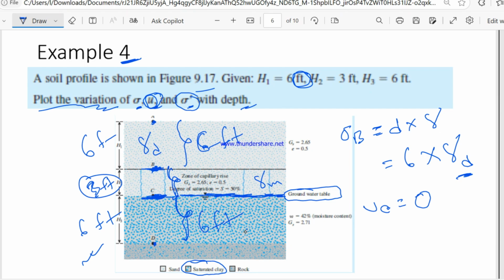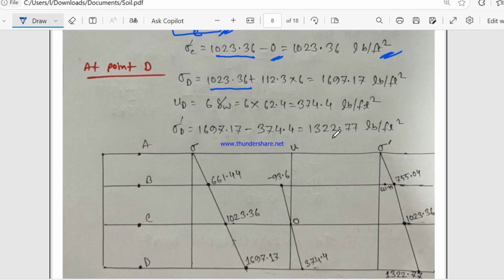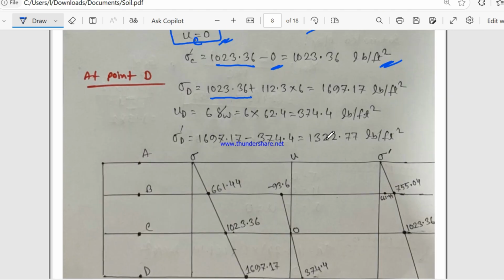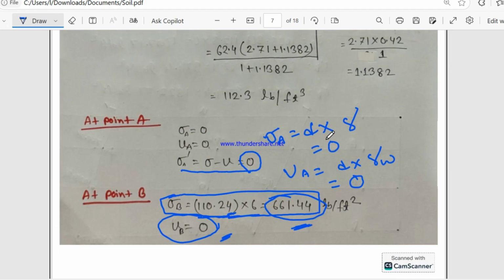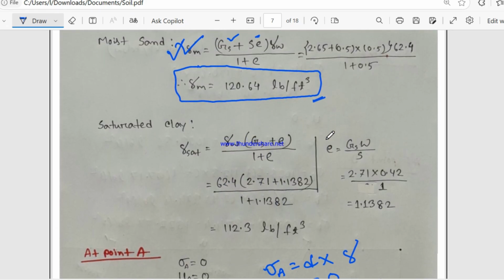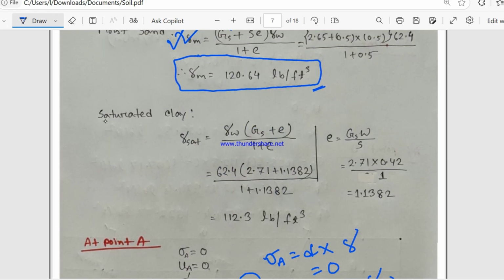So for the saturated clay, the formula of saturated unit weight is water unit weight times (specific gravity plus void ratio) divided by 1 plus void ratio.